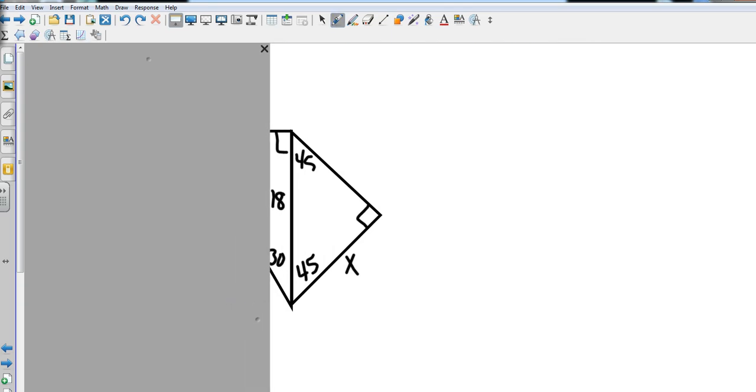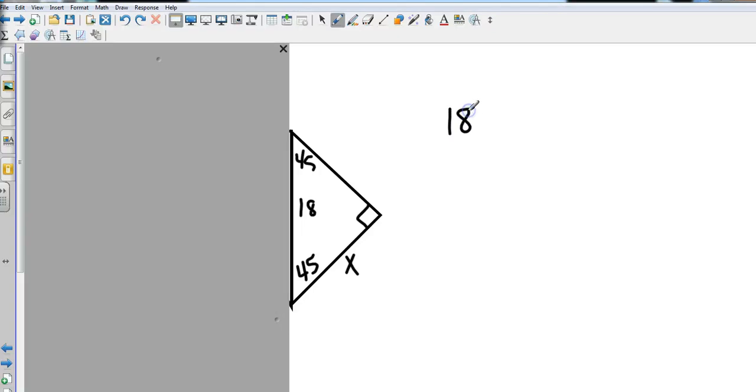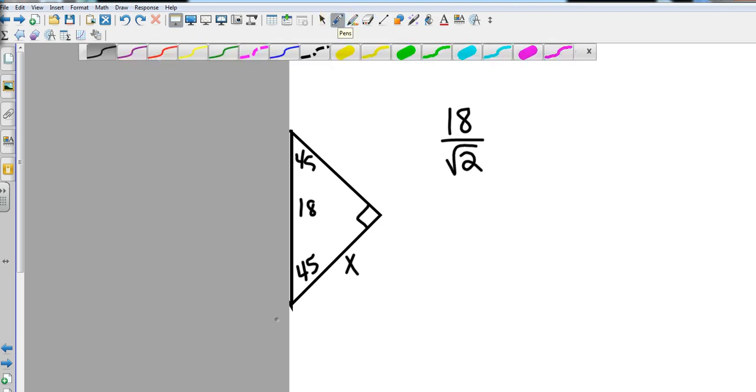I'm going to move this side of 18 over there so I can get rid of that full view. There we go. Okay, so if the hypotenuse is 18, to find the leg, again, instead of multiplying by radical 2, we're going to divide by radical 2 because we're going smaller. We're going from bigger to smaller, so we want to divide. Oh, I don't want that to be equals. I want that to be times.